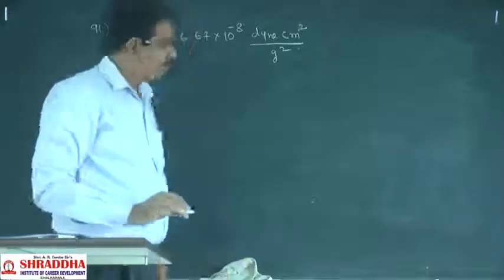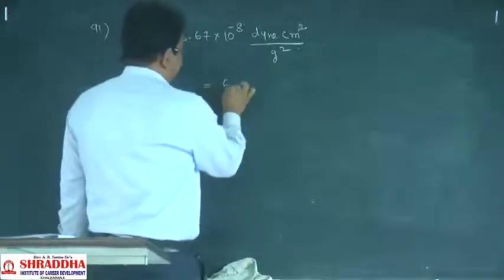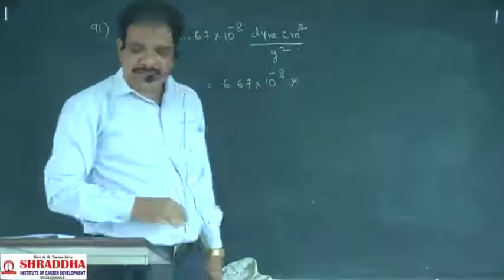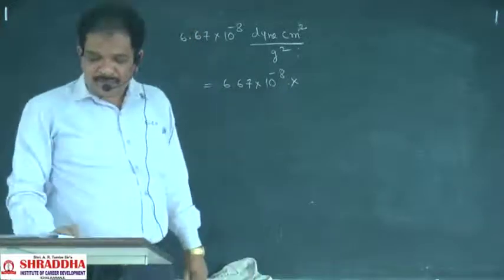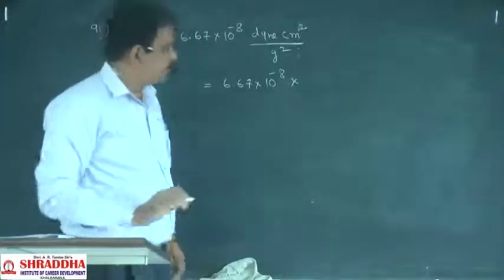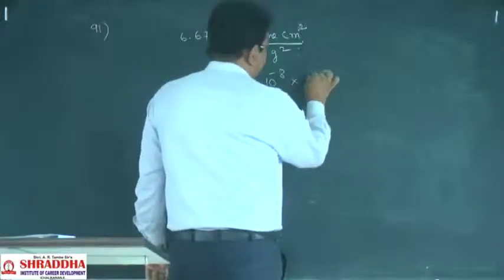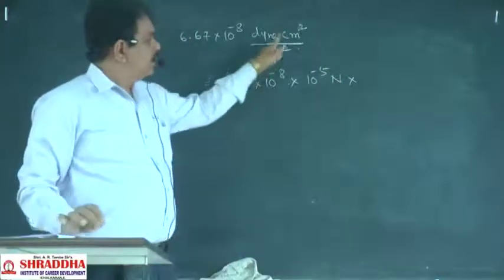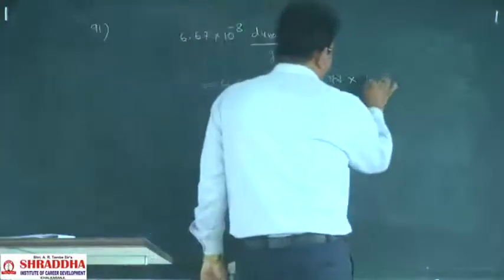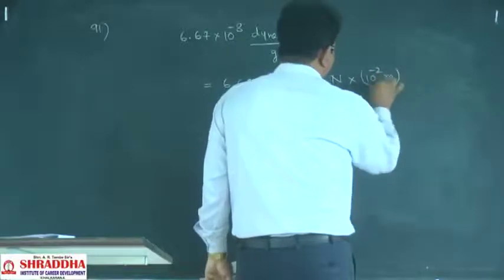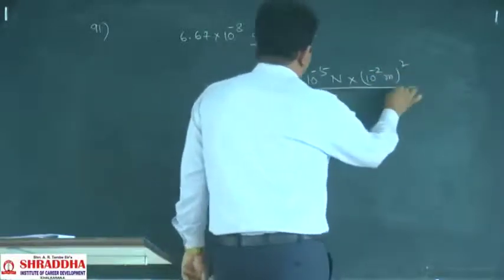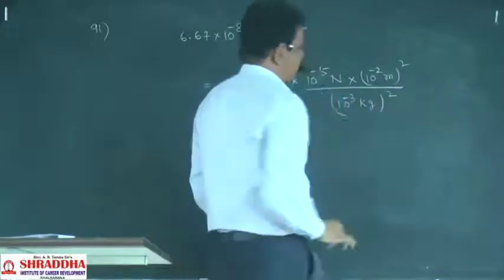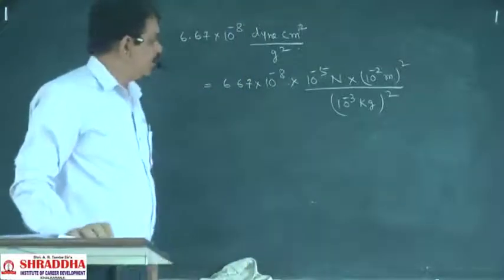Okay. So then what to do? See, 6.67 into 10 power minus 8. Then do that. Dyne means 10 power minus 5 Newton. Centimeter means 10 power minus 2 meter whole square. Gram means 10 power minus 3 kg whole square. Clear?